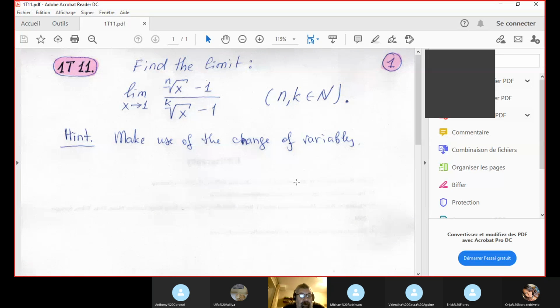You see, the hint is we have to change the variables in this case. So 10 minutes, and then we will discuss how to do this. Okay? Okay, got it. So I am waiting.